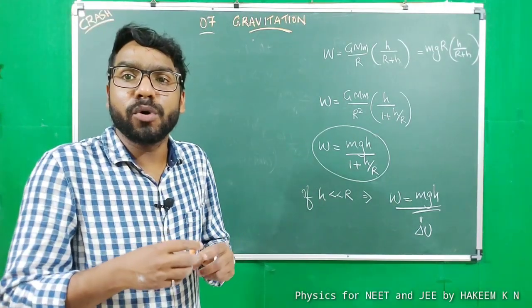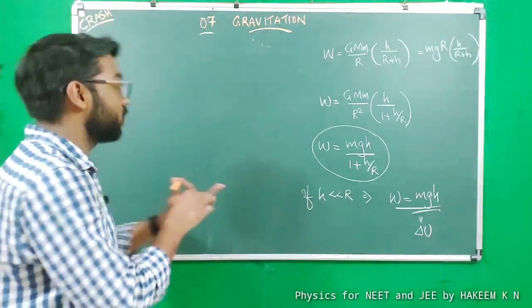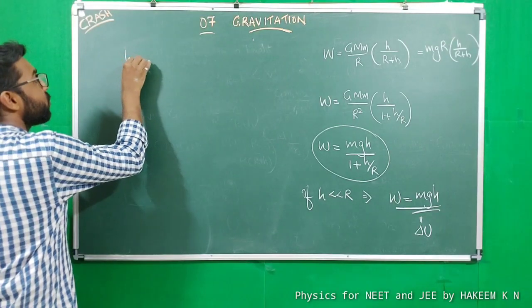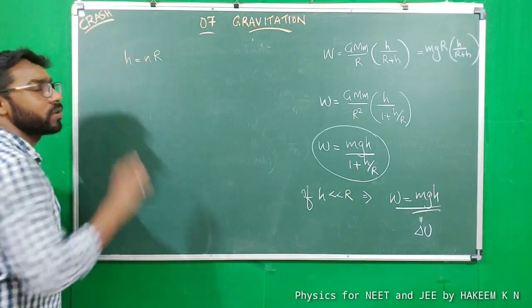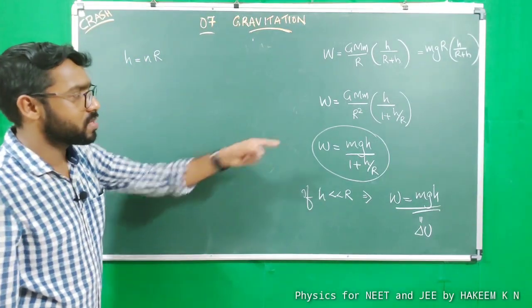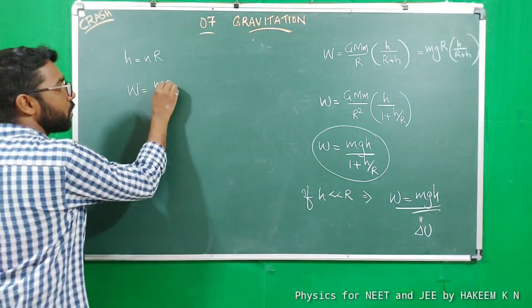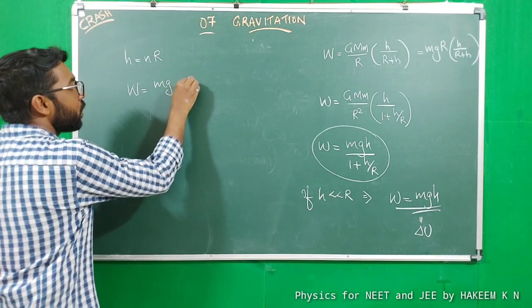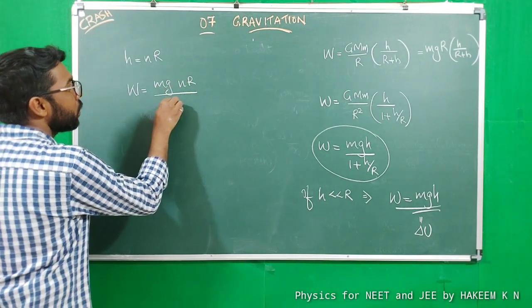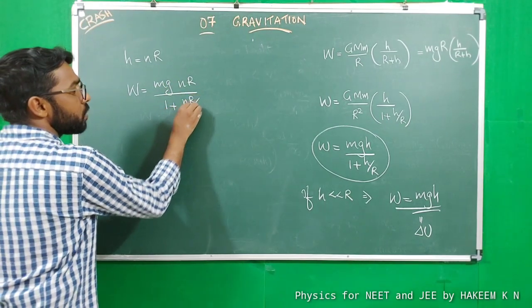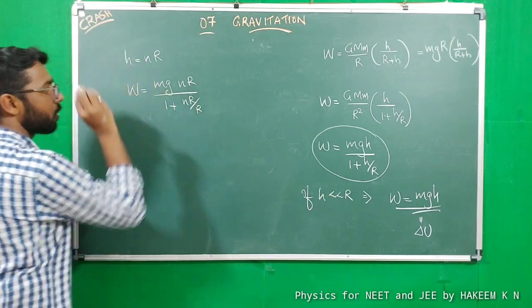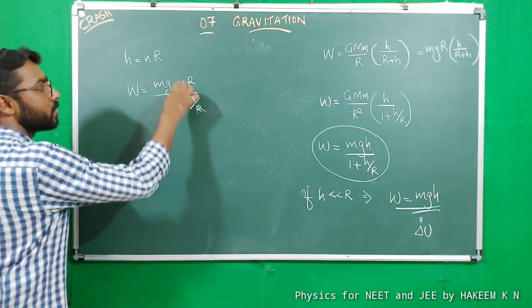Now, if the body is raised to a height h, where h equal to nr, then what will be the work done? W equal to mg into nr divided by 1 plus nr by r. R will be cancelled here.